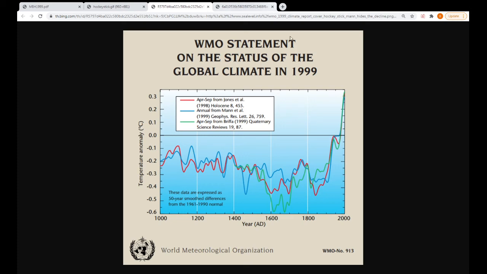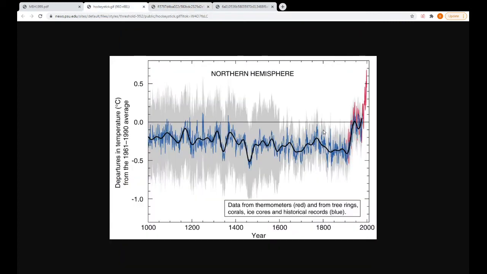Now, if we look in this legend box, we can see there's a blue line indicated for being from Mann et al. 1999, as in from Michael Mann's publication, which he published his hockey stick graph. And if we look in this chart, we can see a blue line that looks a lot like the blue line in Michael Mann's publication.